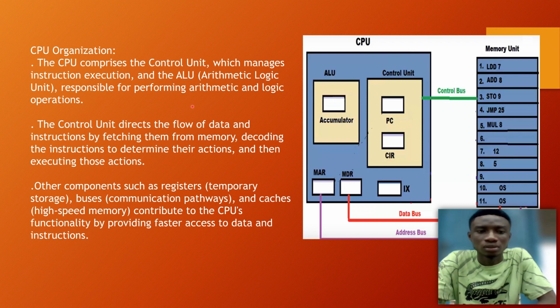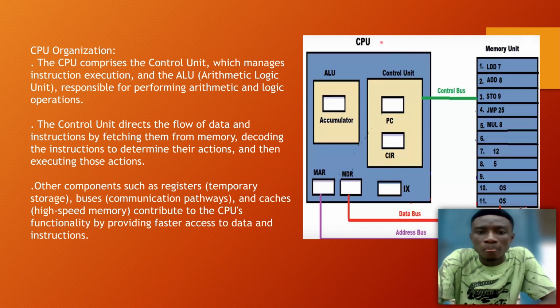The control unit directs the flow of data and instructions by fetching them from memory, decoding instructions to determine their actions, and then executing those actions. Other components such as registers, buses, and caches contribute to the CPU's functionality by providing faster access to data and instructions.